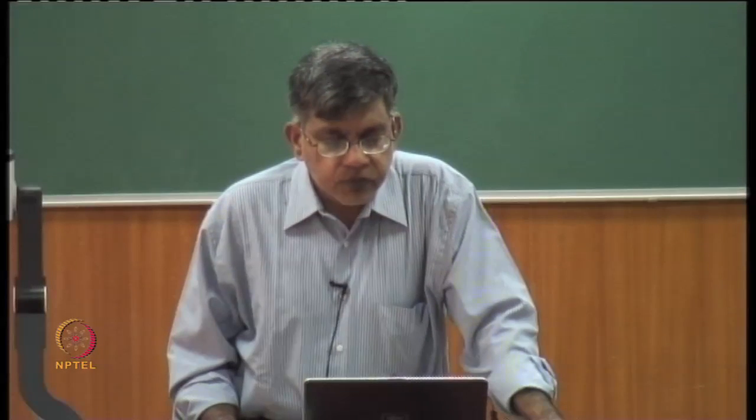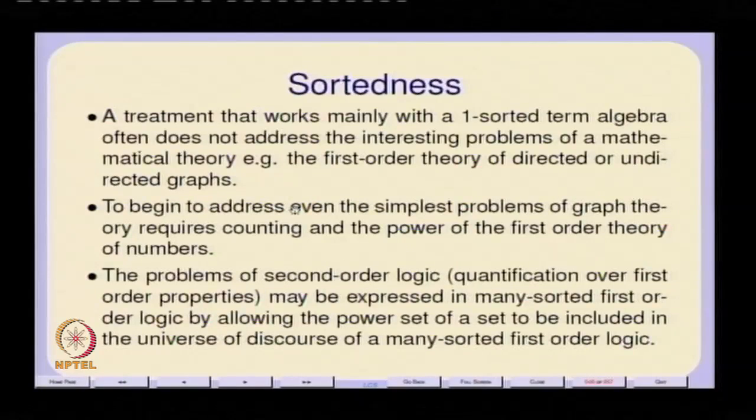So, moreover, one possibility is to actually tackle the notion of sortedness. All our treatment was based on a one sorted term algebra, and it often does not address the interesting problems of a mathematical theory.